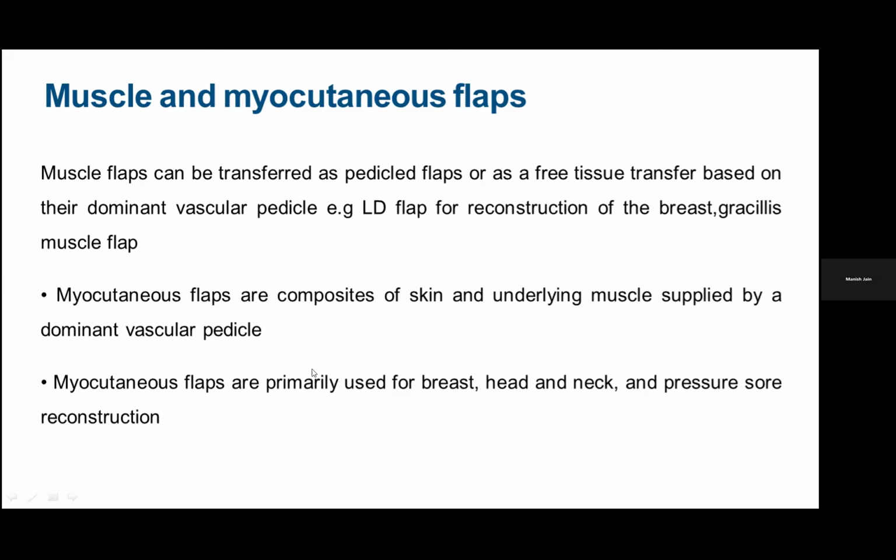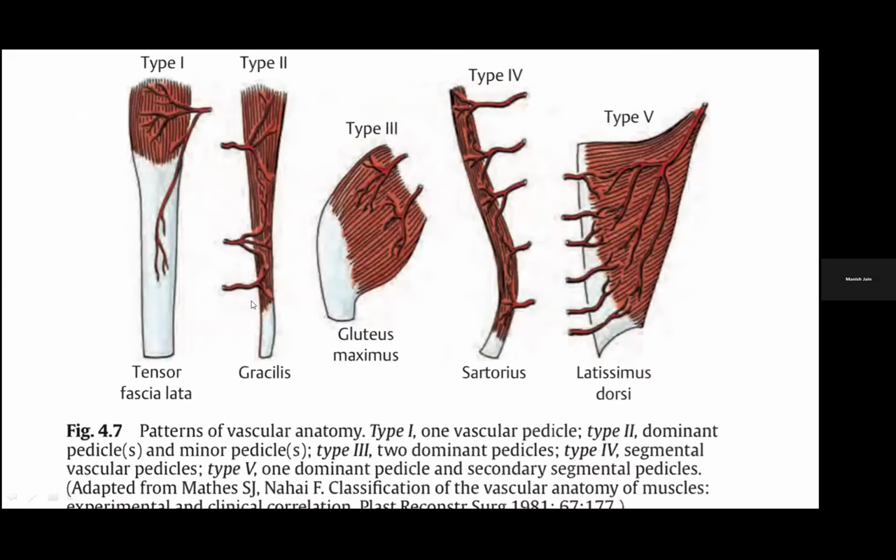So this is the classification of the muscle flap, in which we divide it into five types. In type 1 there is a single dominant vascular pedicle, like the gastrocnemius. In type 2 there are multiple pedicles: a dominant pedicle and minor pedicles. The flap can survive on the dominant pedicle only, and the flap cannot survive on the minor pedicle. So gracilis is a type 2. Type 3 has two dominant vascular pedicles, like gluteus maximus.